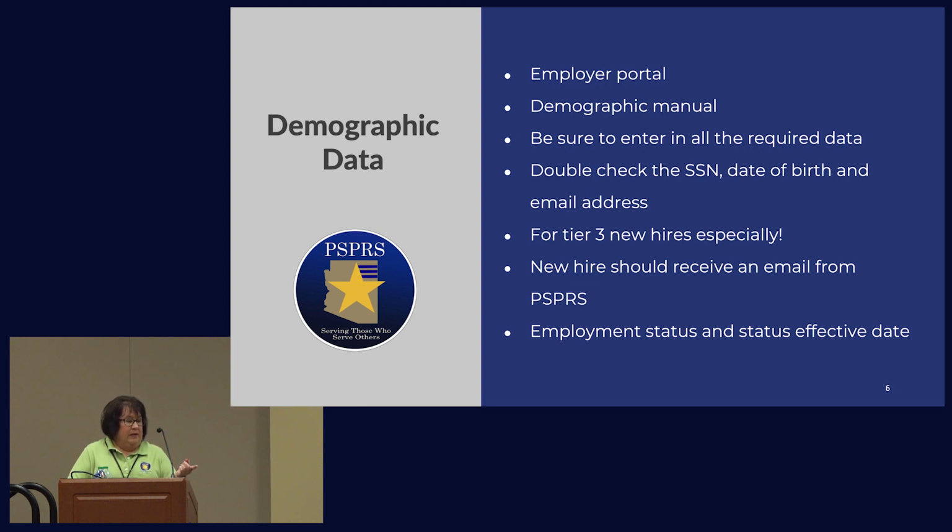One of the options in the employment status is hired, return to work, and others. Those are important to know: if you get a retiree rehired into a public safety eligible position, there is an option under employment status to note that they were hired, returned to work, so that contributions are posted timely.